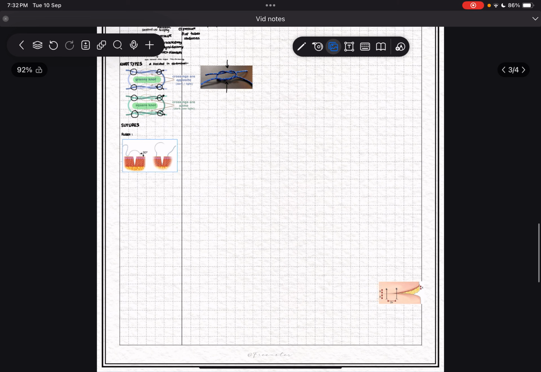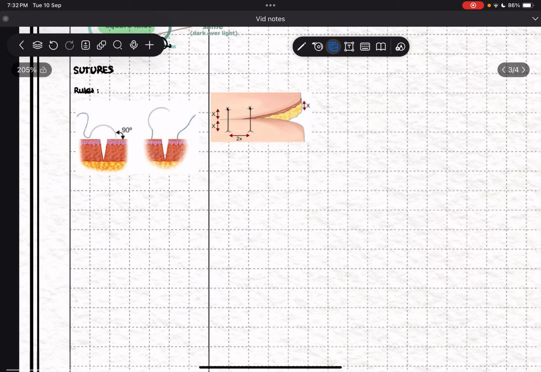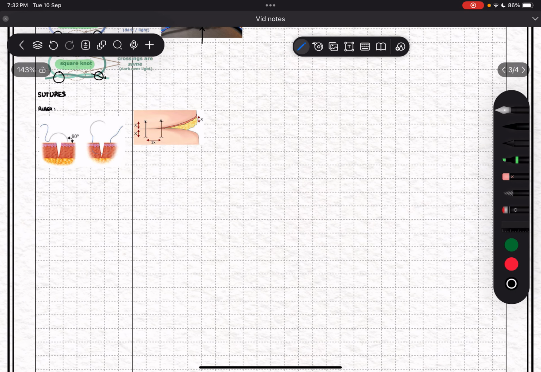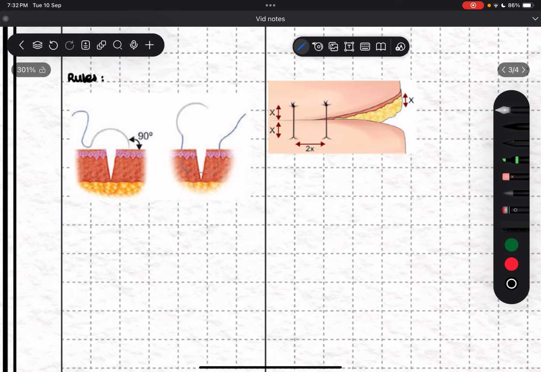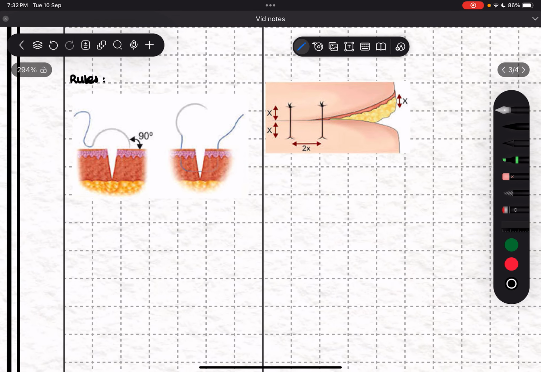This one image and this another image. And then we get the types and then the rest. So the skin suturing rules can be summarized with these two images.